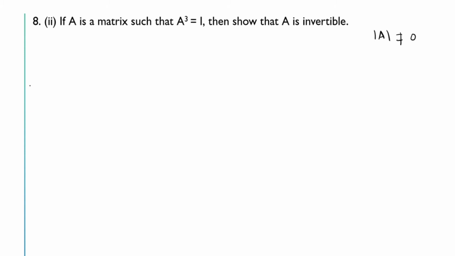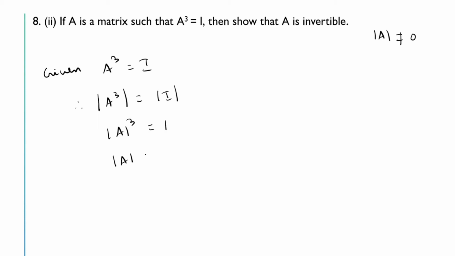Here, given A cube is equal to I, therefore determinant of A cube is equal to determinant of I, or determinant of A the whole cube is equal to 1. From this we have determinant of A is equal to 1, not equal to 0. Therefore A is invertible. So if A is non-singular, then A is invertible.